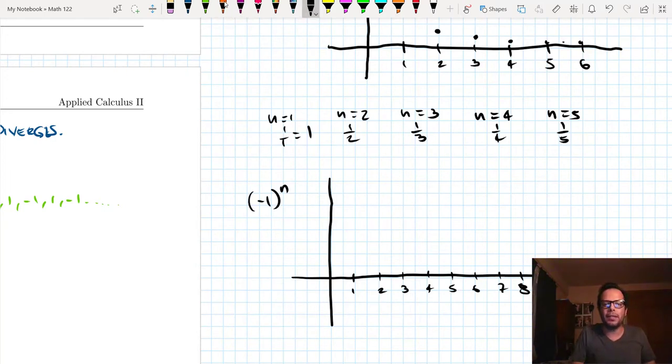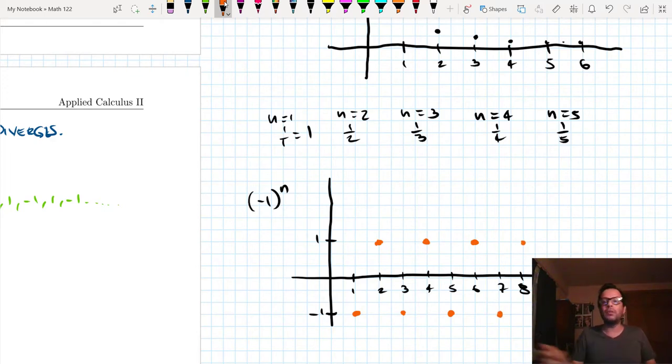Let me label this as negative 1 and 1. So in this case, we get negative 1, and then negative 1 to the second power is going to give us a positive number, and then a negative number, and then a positive number, and so on and so forth.